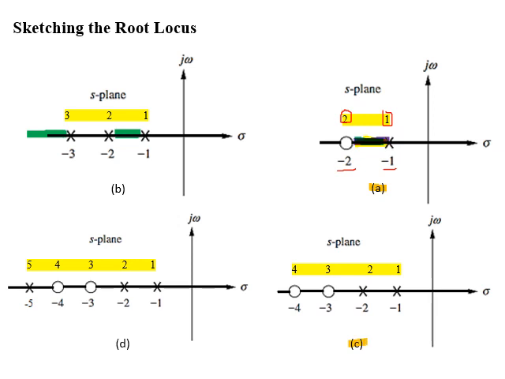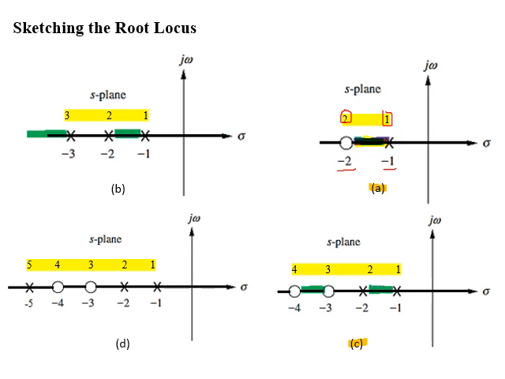Students, now if you look at figure C, in this we have 2 open loop system poles and 2 open loop system zeros, and location and numbering are also mentioned here.